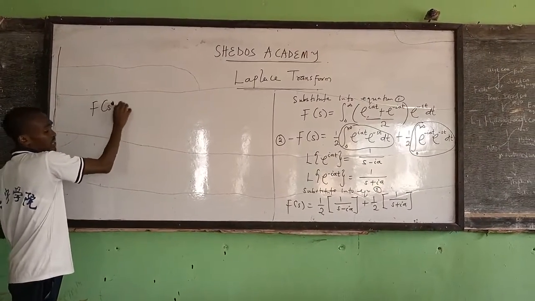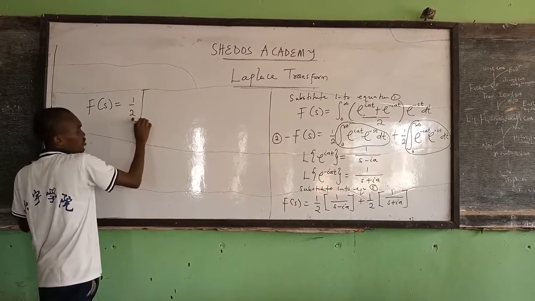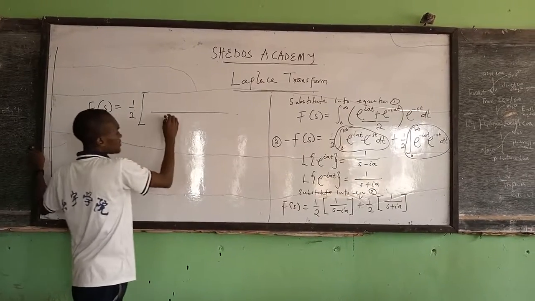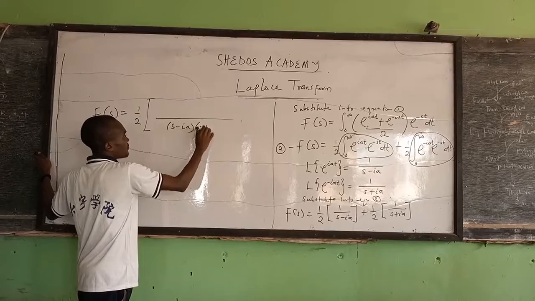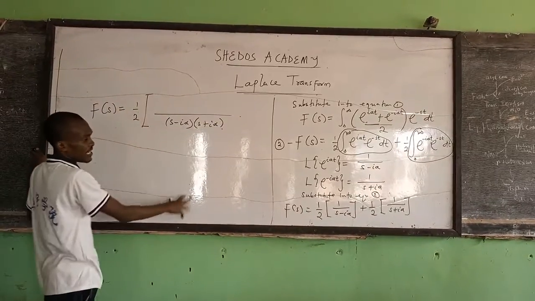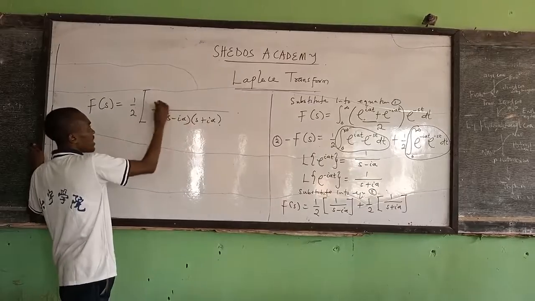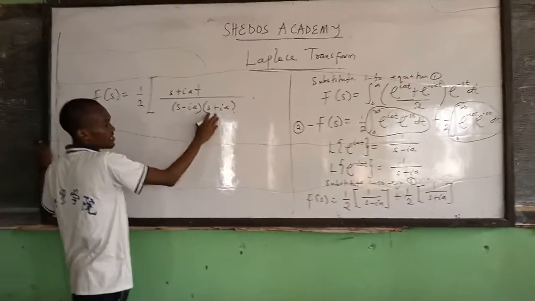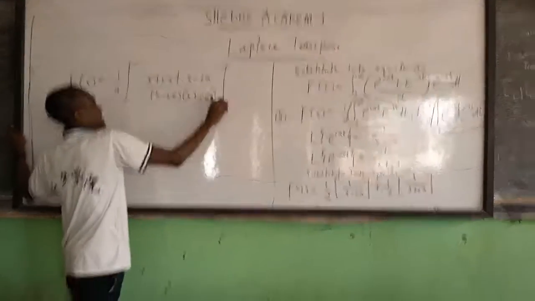So we have F(s) is, I can factor out 1 over 2 and take the denominator of s minus ia and the LCM of this. When I add the two fractions, this goes into this, you have this s plus ia, plus this goes into this, you have this s minus ia.